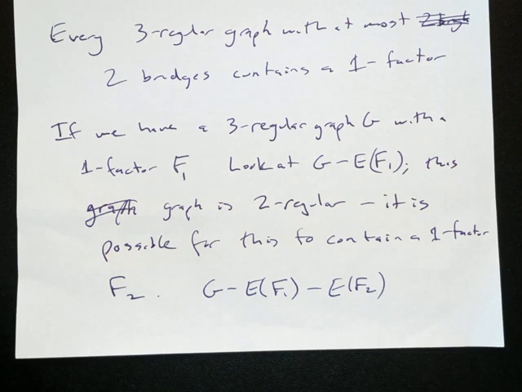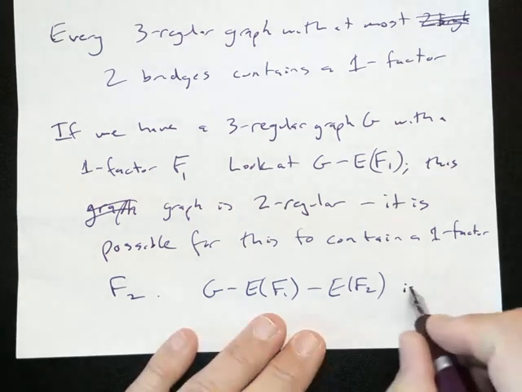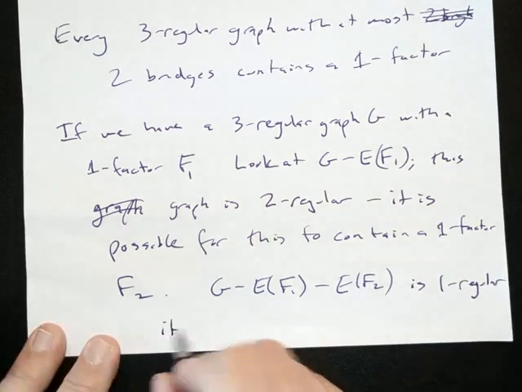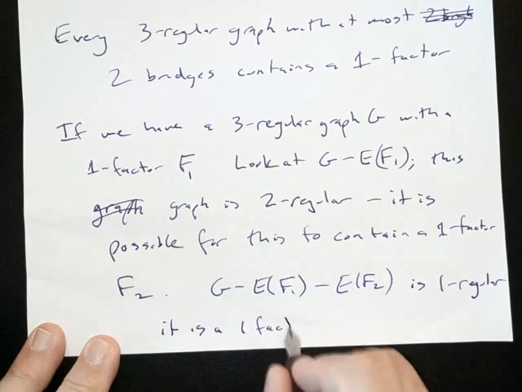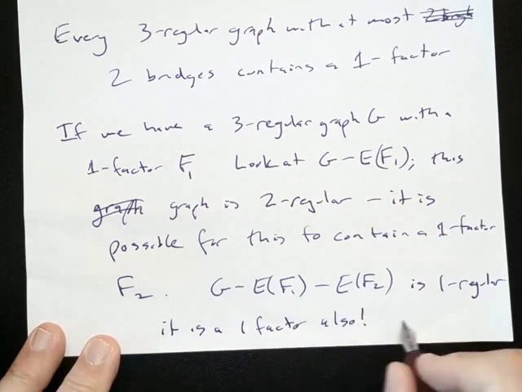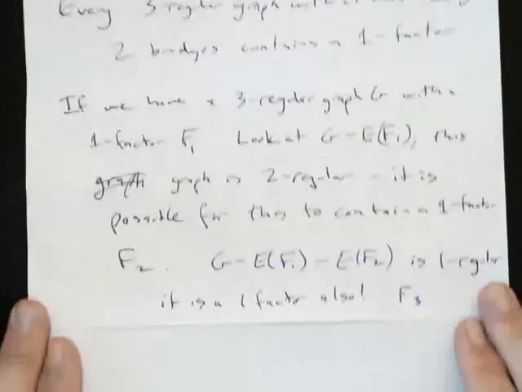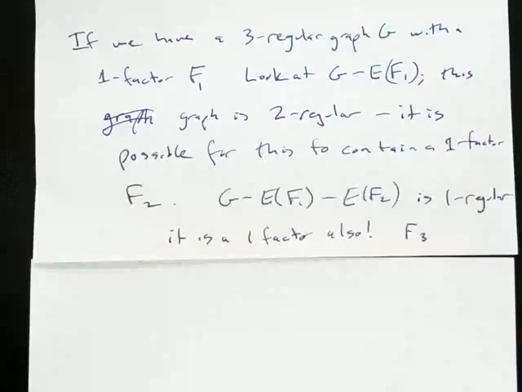Which means if I have one factor in there, I've got cycles, I have to actually have two, right? So it turns out that it is possible to take a cubic graph and end up with three pairwise edge disjoint one factors.